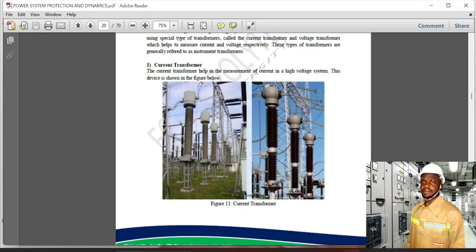You're going to see a schematic representation of it below. So that's the easiest way you can identify a current transformer from a voltage transformer. The bushing of the current transformer is down and the core is up. The conductor whose current the current transformer is to measure passes through the core of that current transformer.